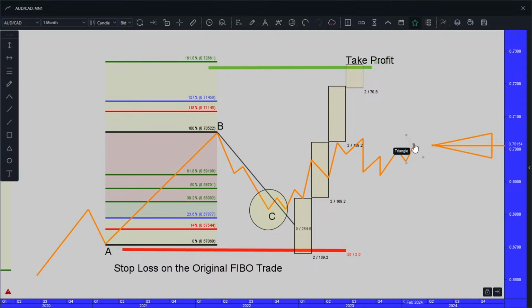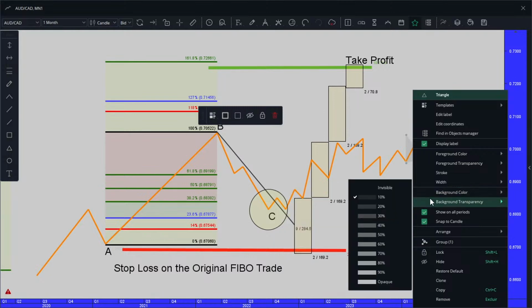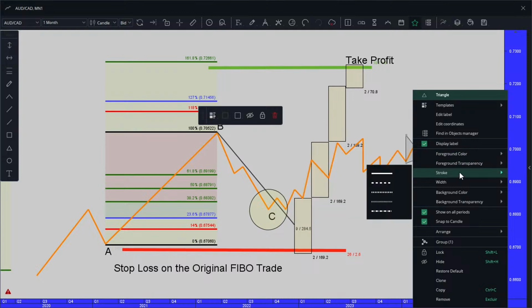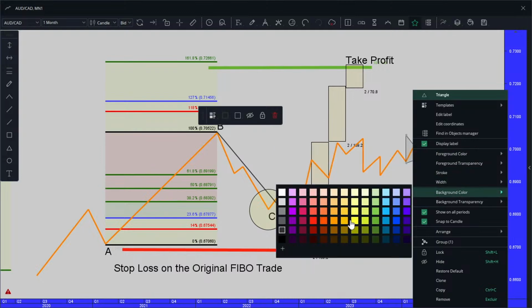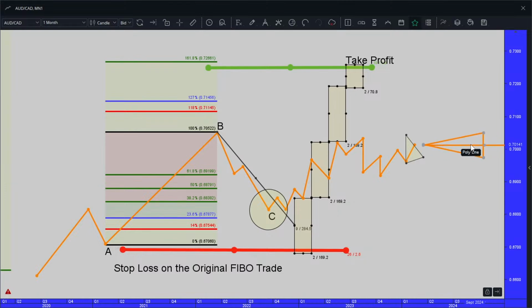Triangle, background color. Foreground color, background color, there you go. This was the entry, would make me tons of money, 1 per 2.5.